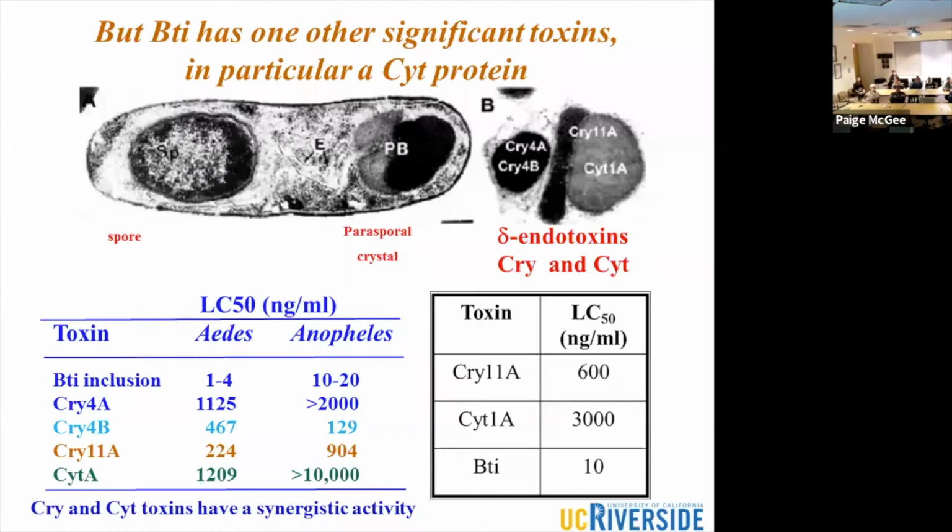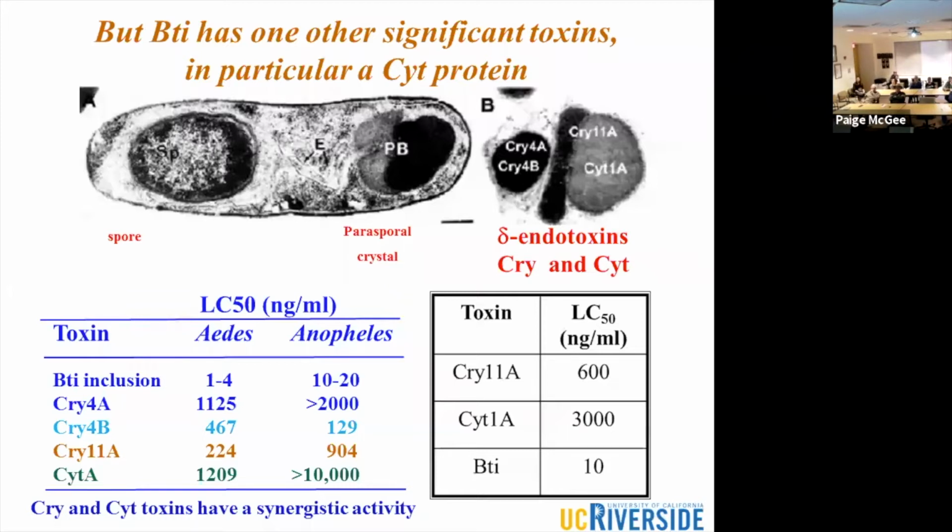So I'm going to come back to another toxin. I've been talking about cry11A entirely. Now I'm going to talk about the cyt toxin. If you look at the table itself, the cyt toxin is the last line, which is in green.